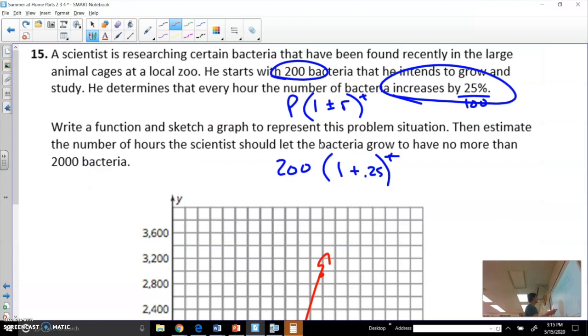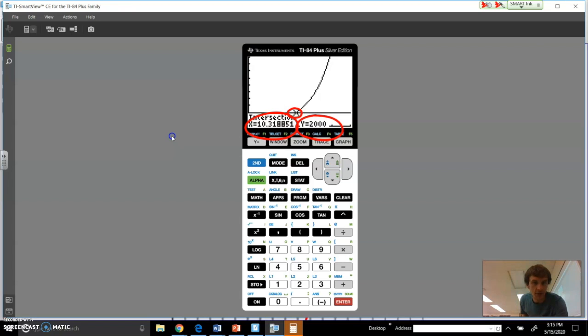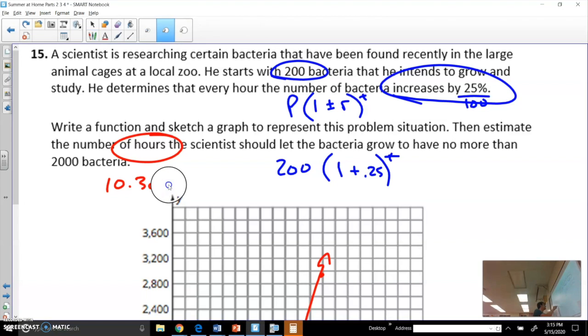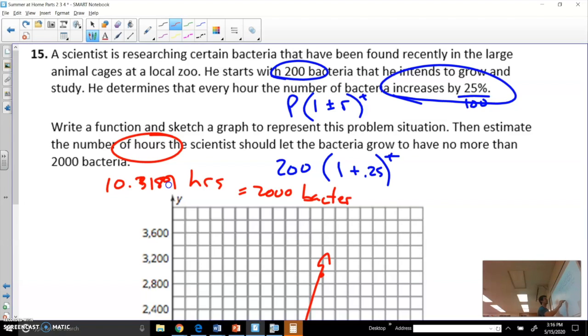Looks like hours, number of hours to get exactly 2,000. So if you had 10.30, I can't remember exactly what it was. We'll look back. 3188 maybe. Or maybe we'll say 3189 hours. That would be exactly 2,000 bacteria.